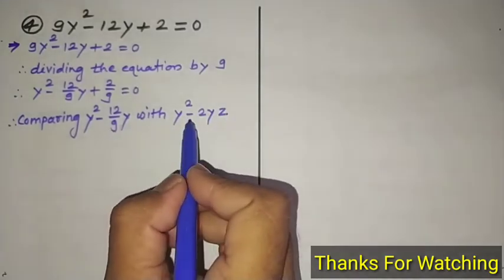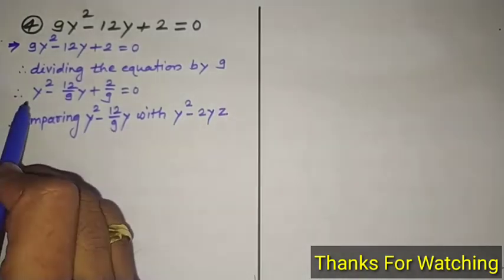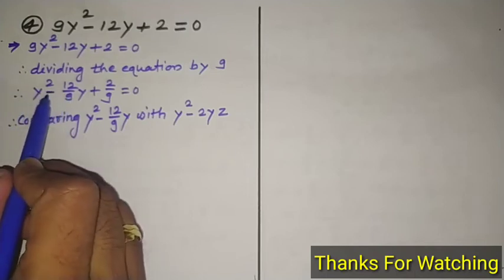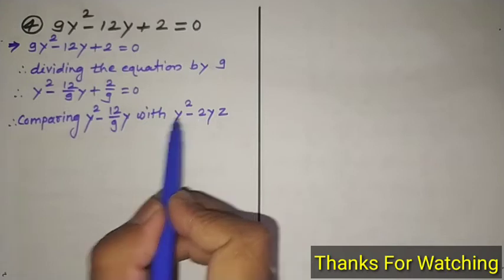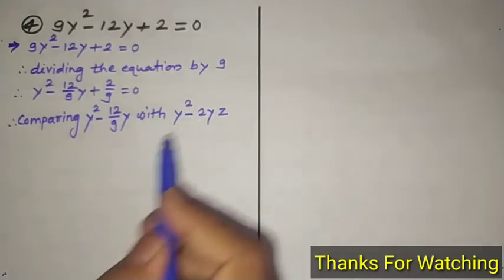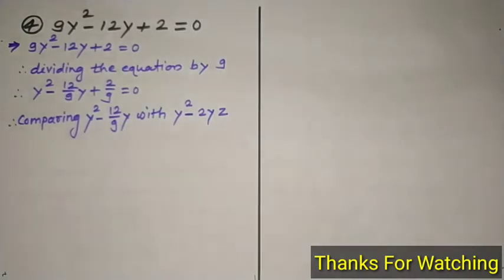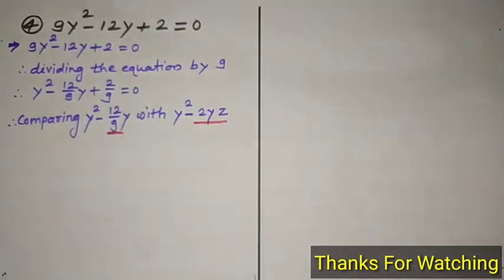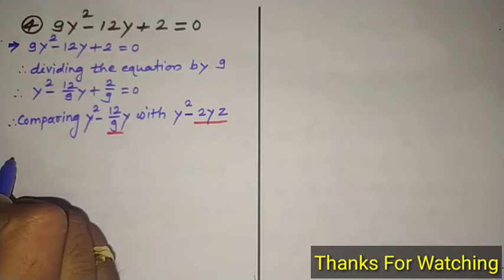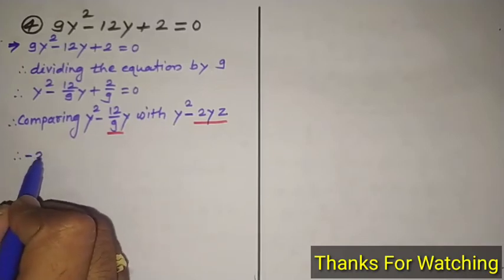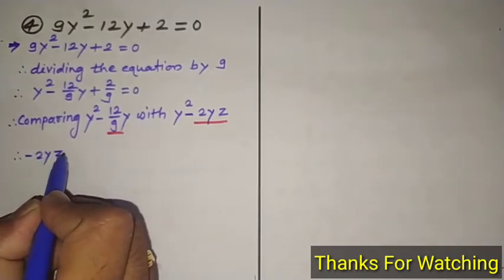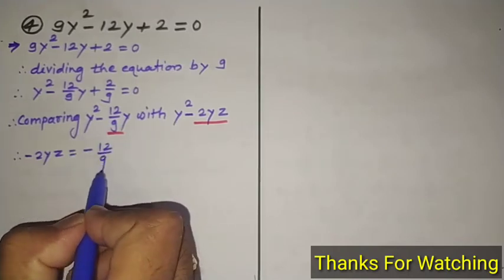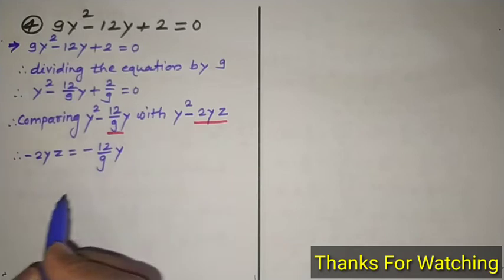Here we compare with the minus sign because the middle sign of the left side is minus. Comparing this term to this term, minus 2yz is equal to minus 12 upon 9 y.